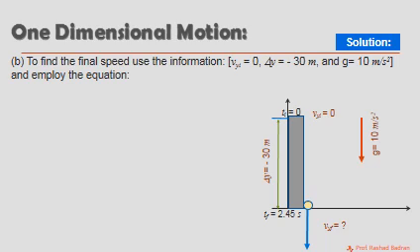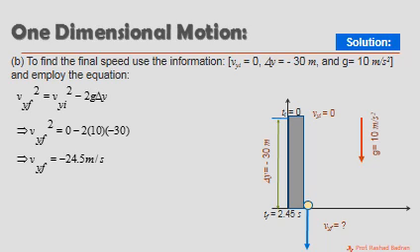Also, to find this final speed, again, we'll use the same information as we had before. Of course, if you like, together with the time obtained. But in this case, it's easy to use this equation as in the previous example by substituting all the values, and we are going to get two signs for the velocity.